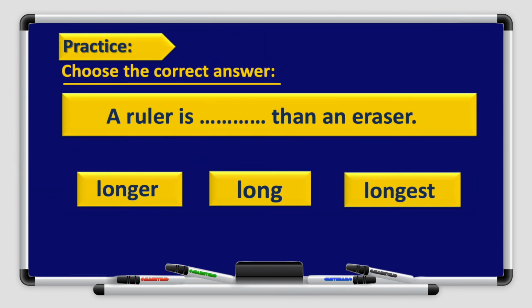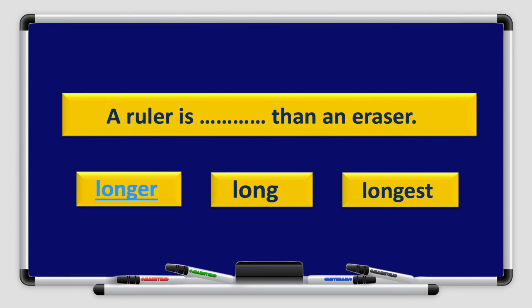Now let's have a practice together. Choose the correct answer. A ruler is space than an eraser. Longer, long, longest. Excellent. A ruler is longer than an eraser.